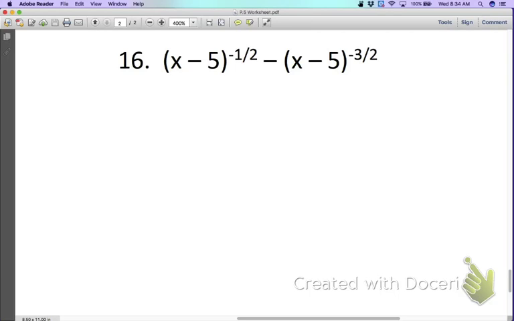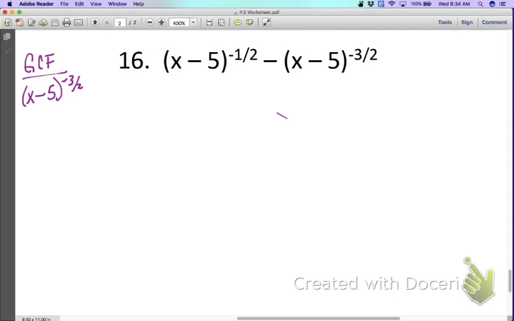So what's smaller, negative 1/2 or negative 3/2? Negative 3/2, right? So my GCF is really the (x - 5)^(-3/2).